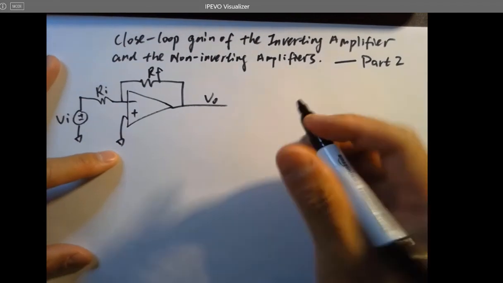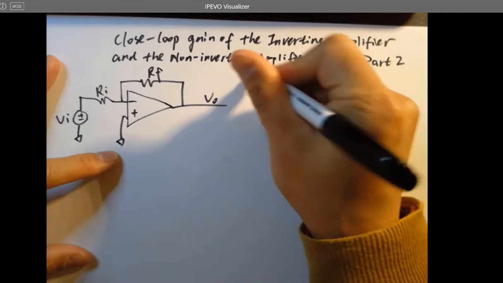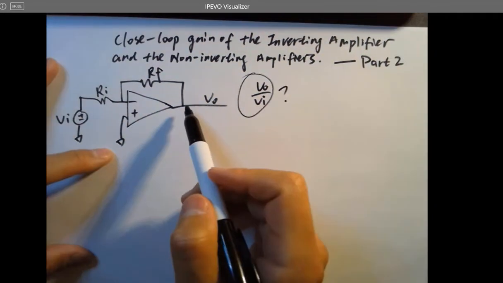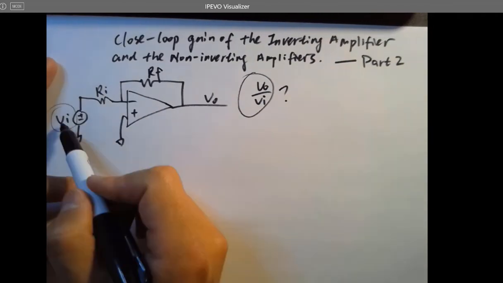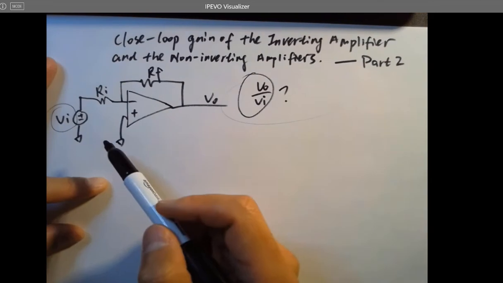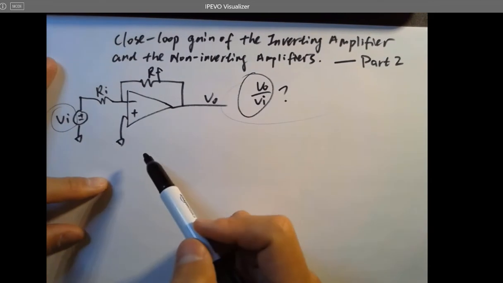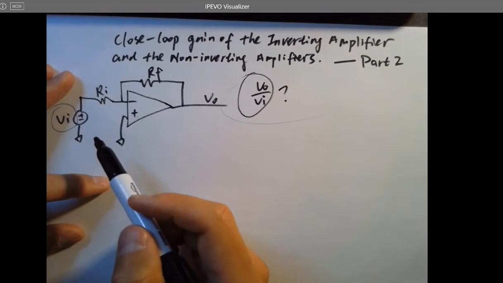Voltage gain means what is Vo over Vi, right? We just want to know how much this amplifier can amplify our Vi because it's too small for our ADCs or all these following circuits to detect. So we need to amplify it first. Okay. So now what's the gain here? What's the closed loop gain here?